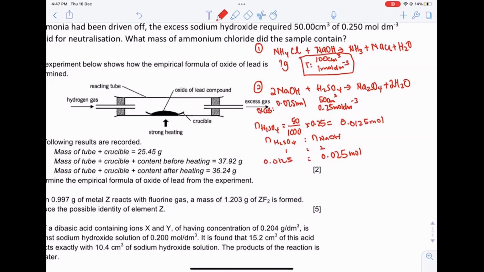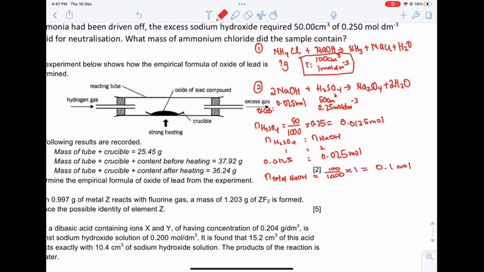Okay, so then next, let's find out the number of moles of total NaOH from the first equation. So that will be 100 over 1000 times 1. So that would be 0.1. Let me just check it on my calculator. Yep.